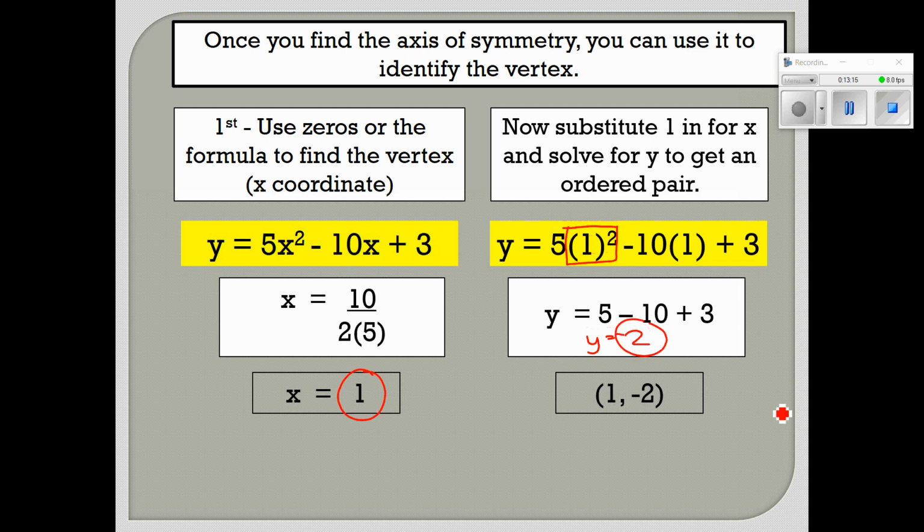There's supposed to be a negative sign there. That makes our vertex. So now we know that the axis of symmetry is on 1. The vertex is on 1, -2, which I'm going to say, whoops, my smartboard needs to be recalibrated, about there. And does this go up or down? Our leading coefficient is positive, so we know it's going to go up. So now we know a general idea of where it's going to be and what it's going to look like.